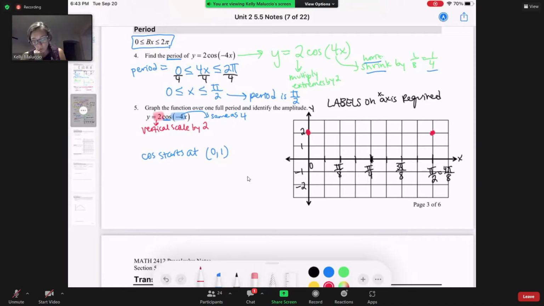And now I know pi over 4. Well, I know -4 times pi over 4 gives me negative pi, the same thing as positive pi. And cosine of that is 0? Oh yeah, cosine 0. Whew, I was like, wait, I did this wrong. So this should be 0. Oh no, it shouldn't. It's -1, right?